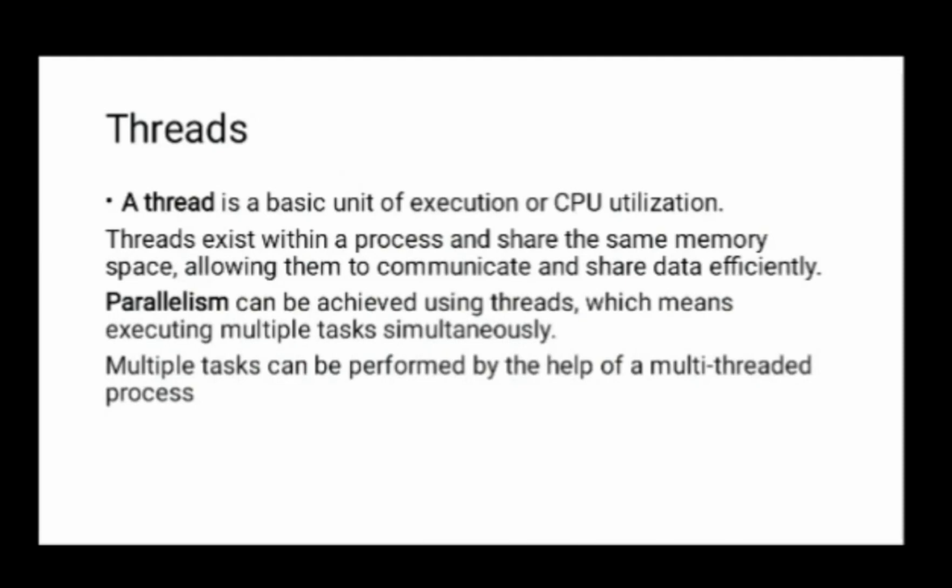So the backbone of multitasking is threads. So meaning we shall look at the multi-threading, which can be the multi-threaded process, to perform those multiple tasks in order to achieve parallelism. So in my next slide, I'll be showing you the comparison between the single-threaded and the multi-threaded.